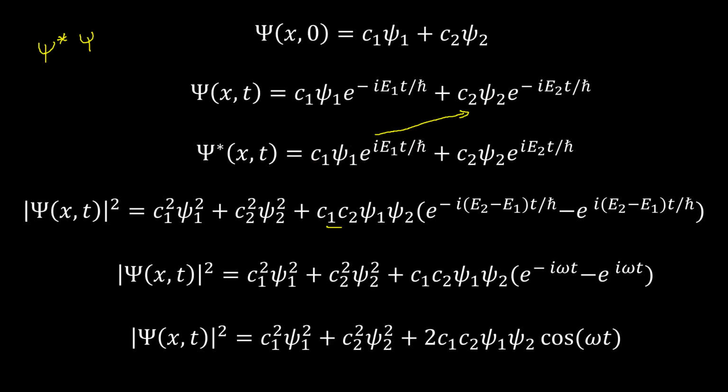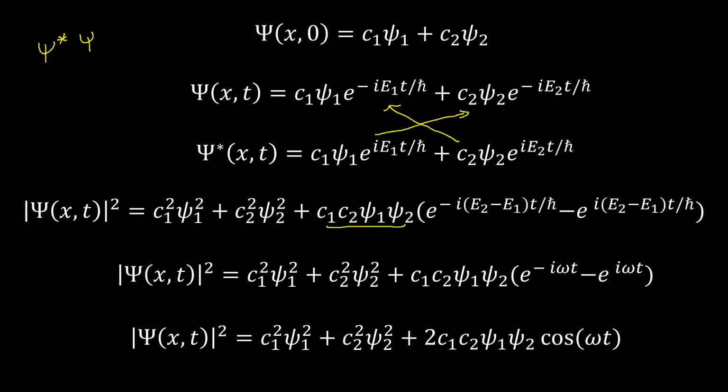Then if you multiply this and this, you will get e to the power minus i E2, plus E1, so I will take it as minus E1 because I have taken the minus outside. So minus of minus will become plus.